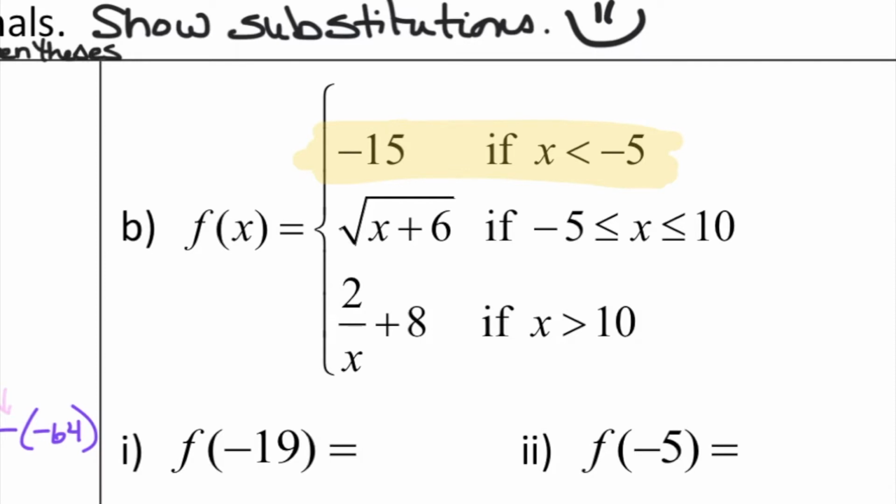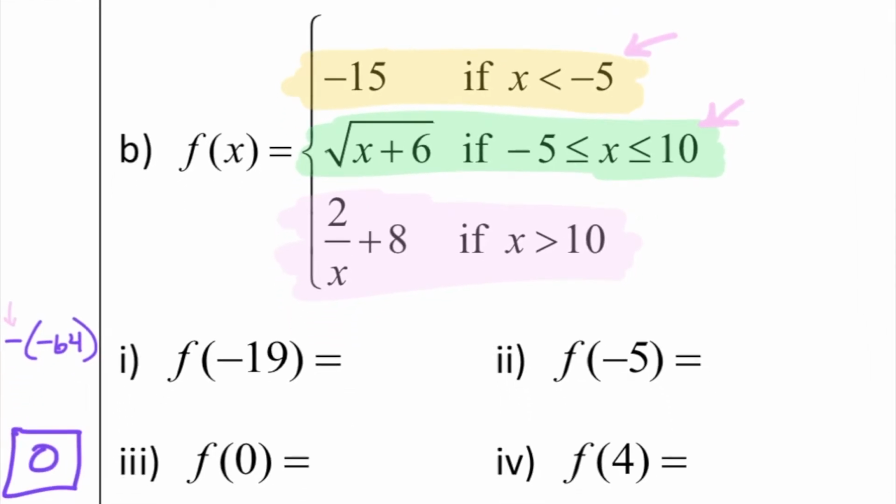In the middle, then, this is for all x values between negative 5 and positive 10. And then in the bottom row, for all x values greater than 10. And again, before you even start to look at the inputs, you know I'm going to ask questions about negative 5 and 10, just because those are where the transitions are, and they're the hardest to decide which equation to use.